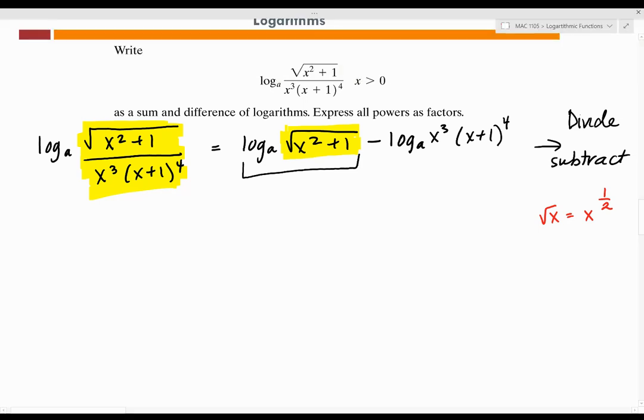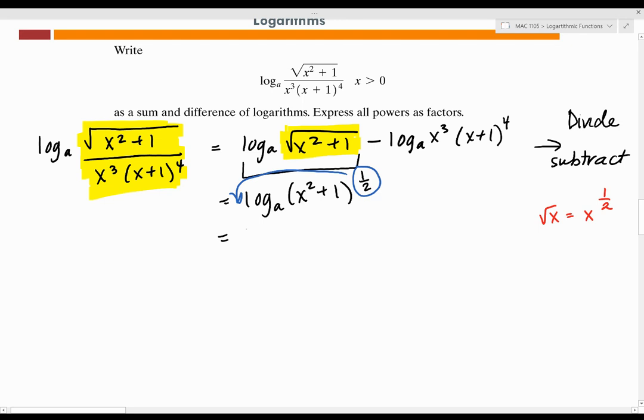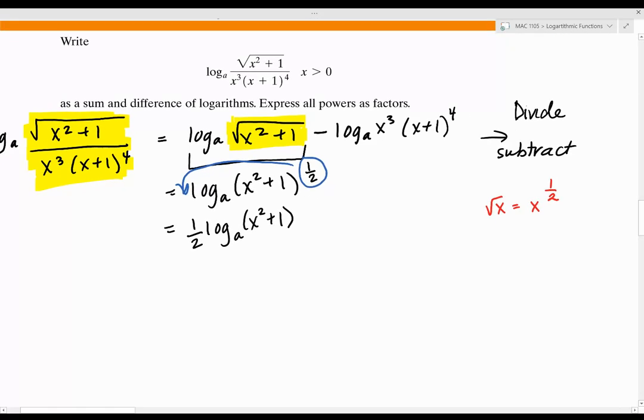So I'm going to rewrite that expression using a rational exponent. Now as I look at it, there's an exponent there. By our rule of logs, exponents can come to the front of our expression. That's going to give me 1/2 log base a of x squared plus 1. Now that expression is completely expanded. There's no more multiplication, no more division, and no more powers. So that one's okay.